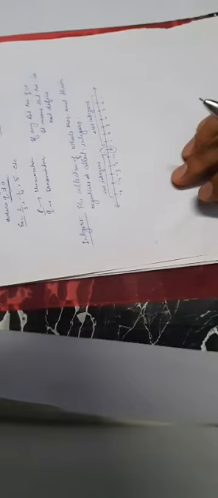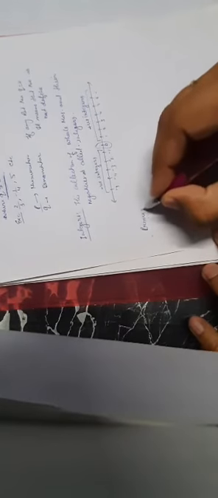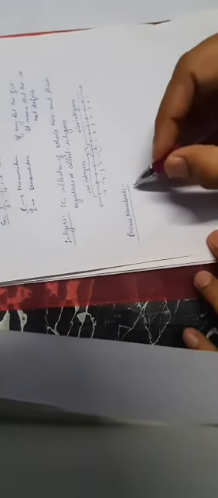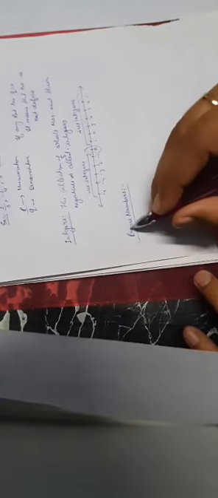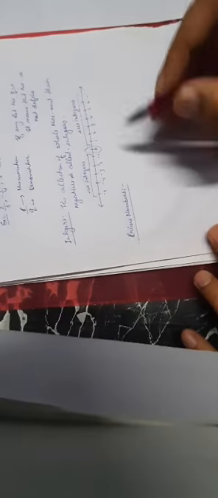Now we define some more terms related to this chapter. Next is the definition of prime numbers. All of you read about it in previous classes. What is a prime number? The previous class definition is: the numbers which are divisible by 1 and itself are called prime numbers.